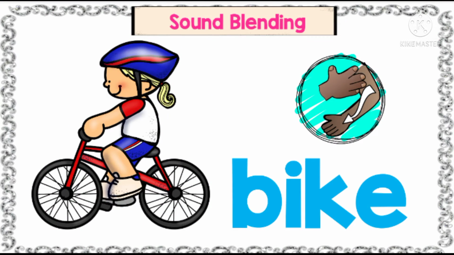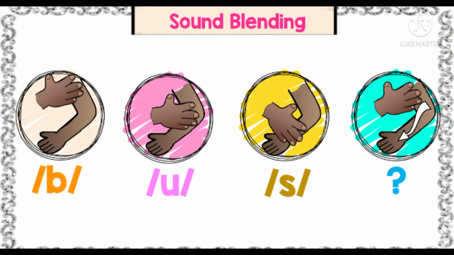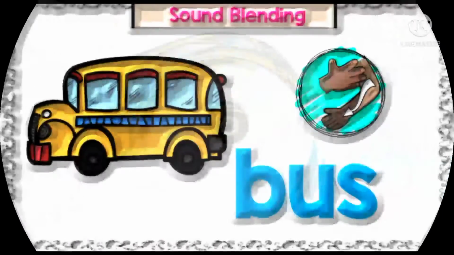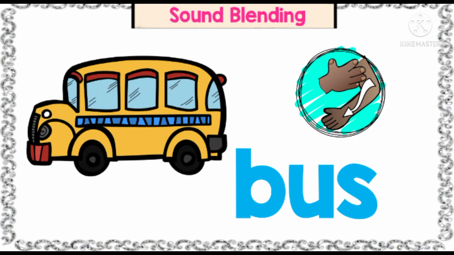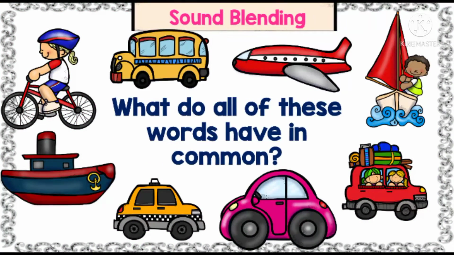Slide through your arm and blend, and it gives bike. B, a, s. Slide through your arm and blend, and it gives bus. Now, what do you think all these words have in common?